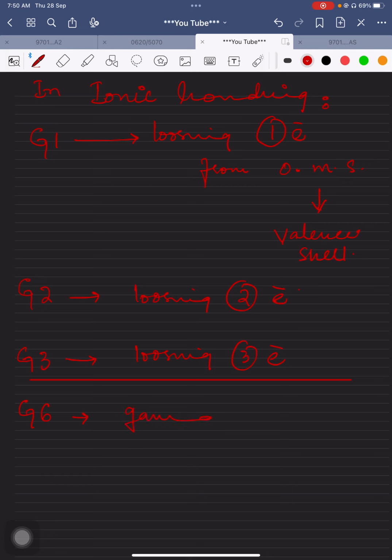Now I have marked a line clearly. Group number 6 is gaining 2 electrons in its outermost shell, whereas group number 7 is gaining 1 electron in its outermost shell. So loss and gain of electrons in every group is related to the group number.